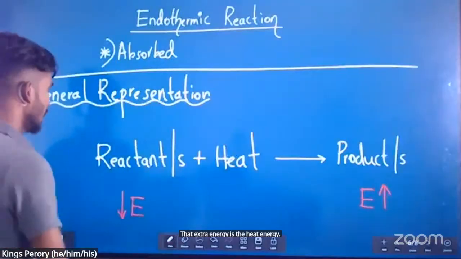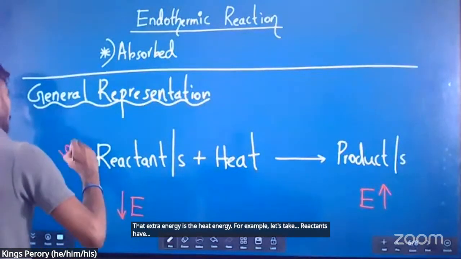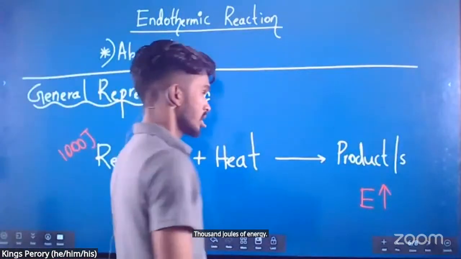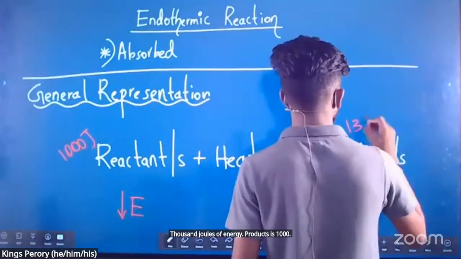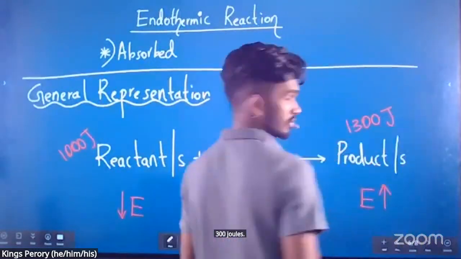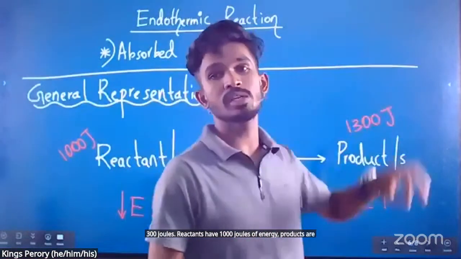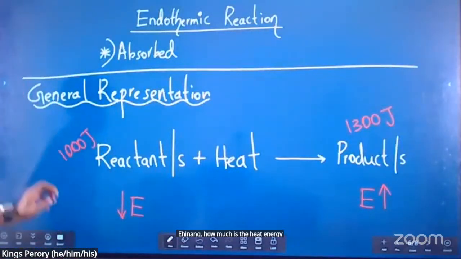Now, for example, let's take reactants have 1000 joules of energy. Products are going to be 1300 joules. How much is the heat energy absorbed?